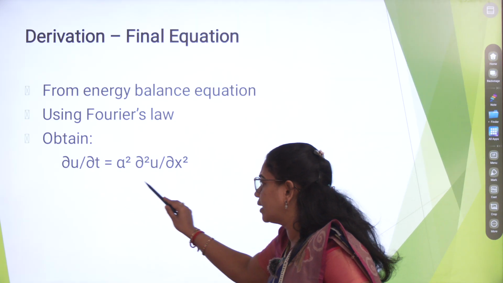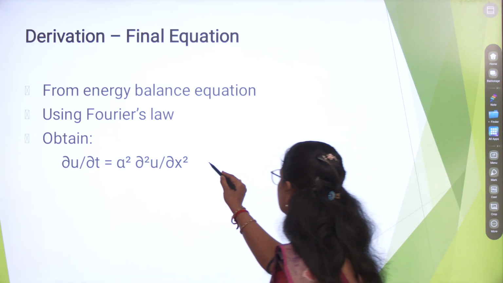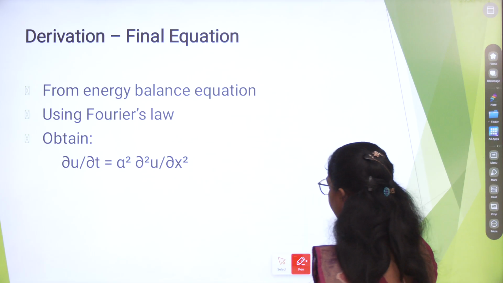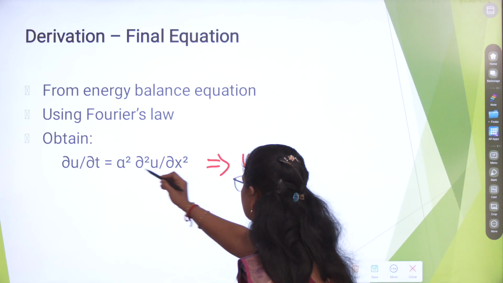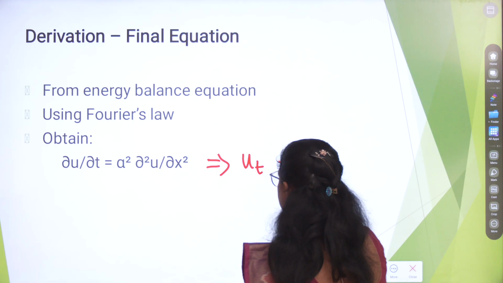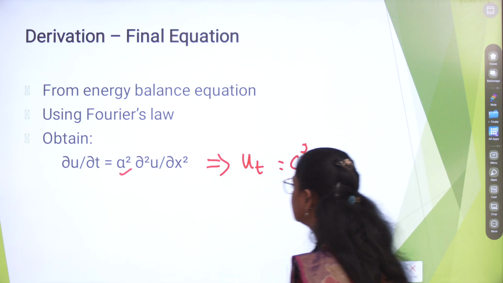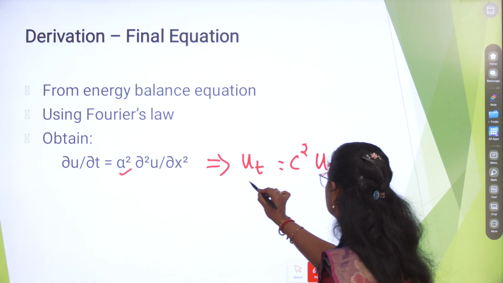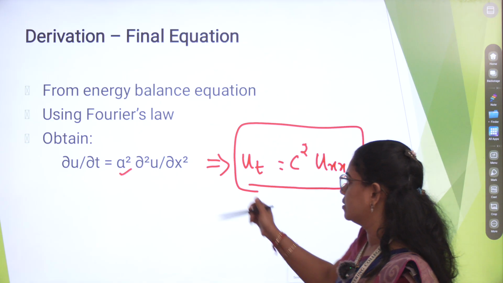Obtain the main condition dou u by dou t, that is u t equals c square u double x, where c square means thermal diffusivity, also written as alpha square. This condition is used in all the problems.